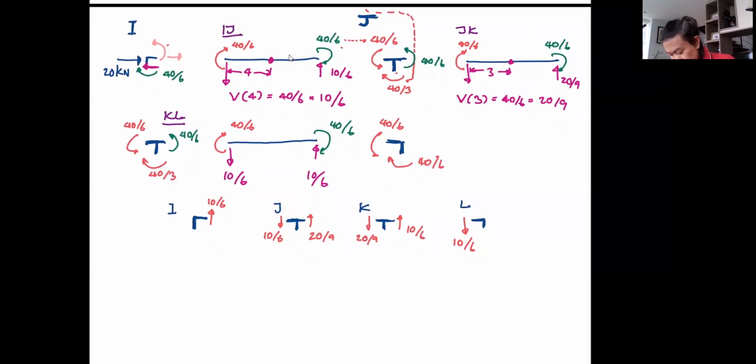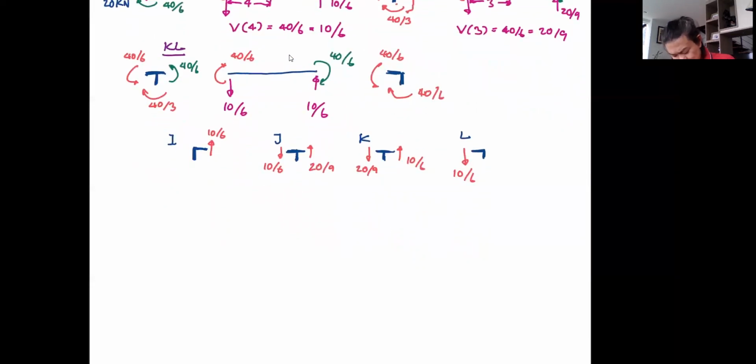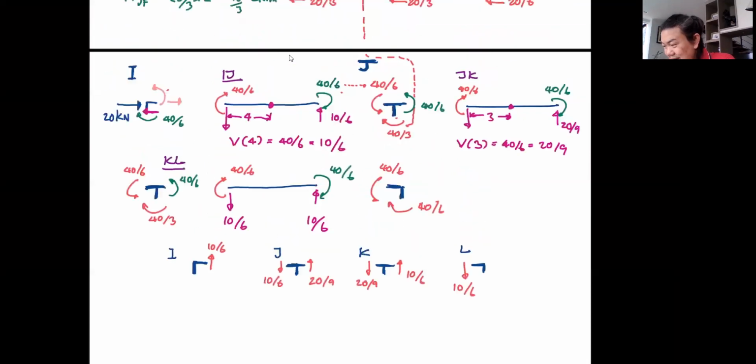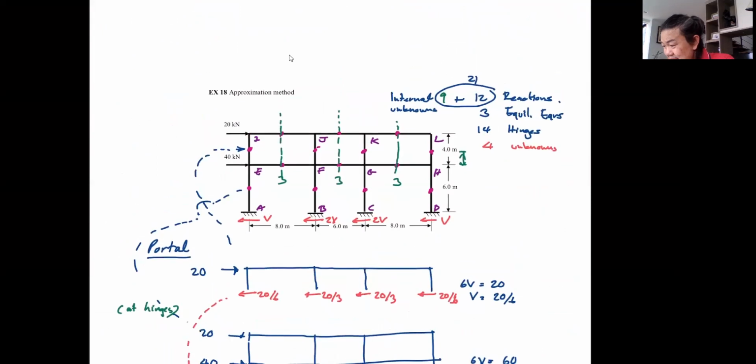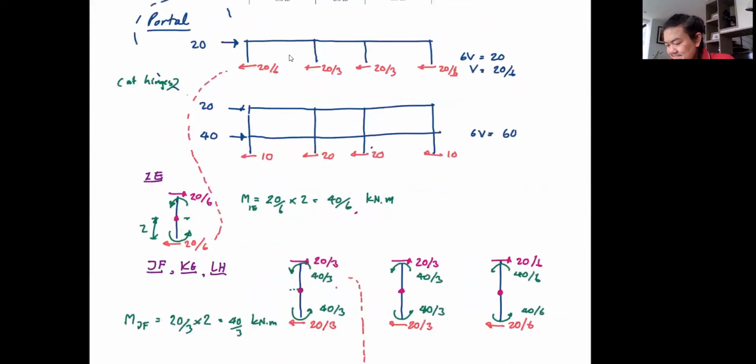So let's try to move on to the joints in the say second floor. Anyway, now we're going to focus here: E, F, G, H.